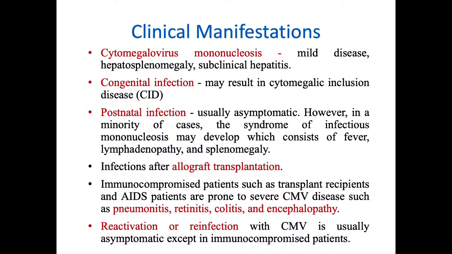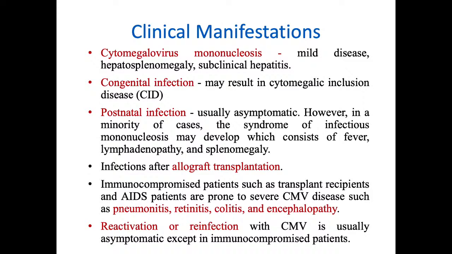Around 80-85% of infectious mononucleosis cases are caused by Epstein-Barr virus, and around 15-20% by cytomegalovirus. But similar symptoms can be seen with HIV infection in the first phase, and also with Toxoplasma gondii infection, which is a protozoan infection.